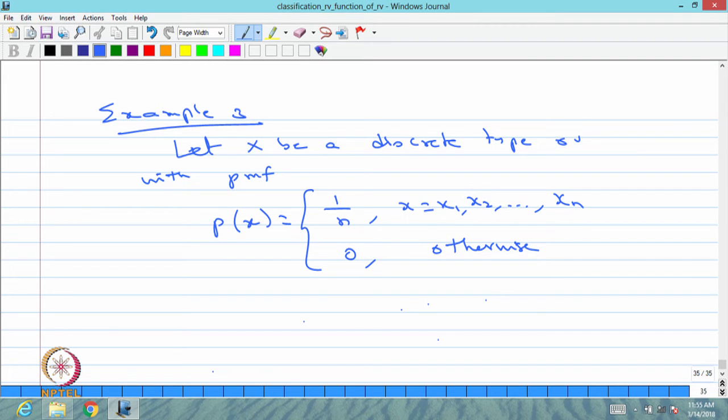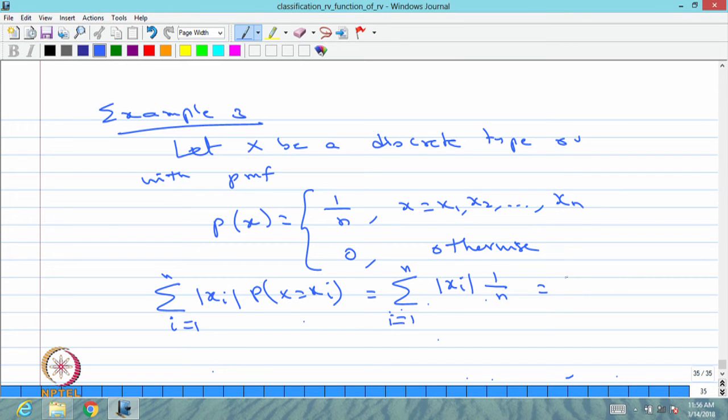Now we will find out whether the expectation exists for this one. If you compute the summation of absolute xi times the probability of x equal to xi, with i from 1 to n, this is the same as the summation of absolute xi times 1 by n, i from 1 to n.